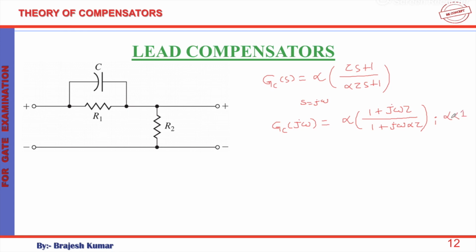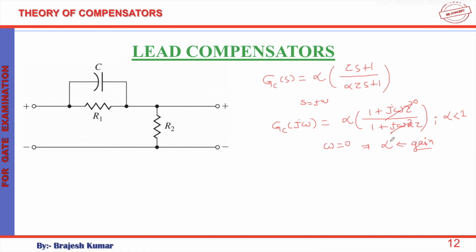Note that at zero frequency the network has a gain of alpha. At zero frequency, meaning if you put omega equal to 0 in this equation, the omega terms vanish, and we have just alpha, and alpha will be the gain.